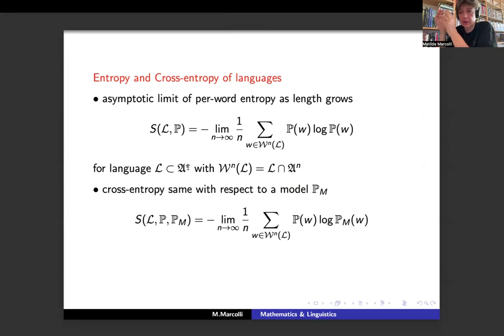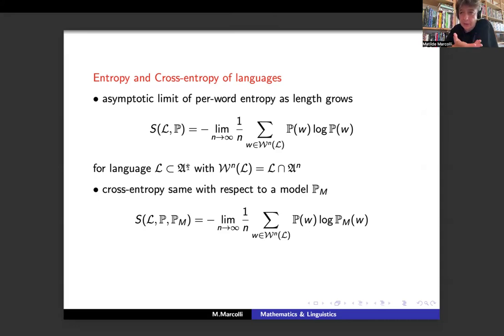And so you can look at all the words in the language that have a certain length in the alphabet, and you can look, for example, at the asymptotic behavior of per word entropy when the length of your strings grows, and this is a certain invariant associated to a language in this sense, a formal language in this sense.